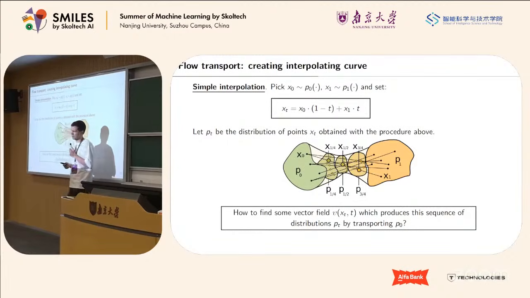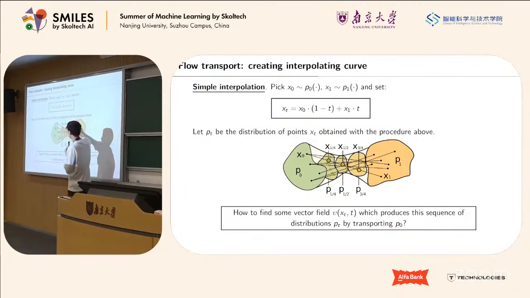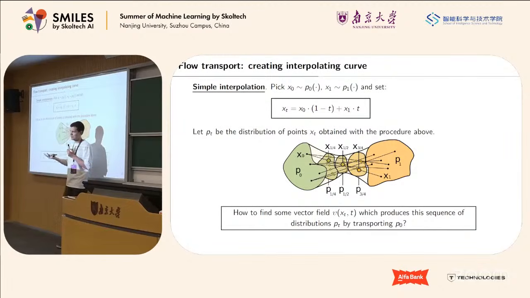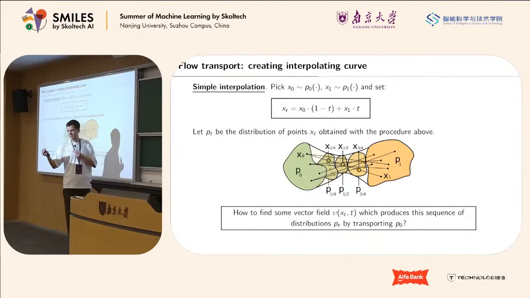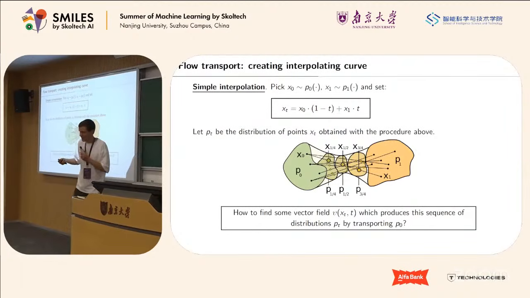Basically, for every time moment t from 0 to 1 we need to define some probability distribution. This is done the following way. You take your original points x0 and x1, independent random variables, and define a third random variable xt, which is a linear interpolation between them.